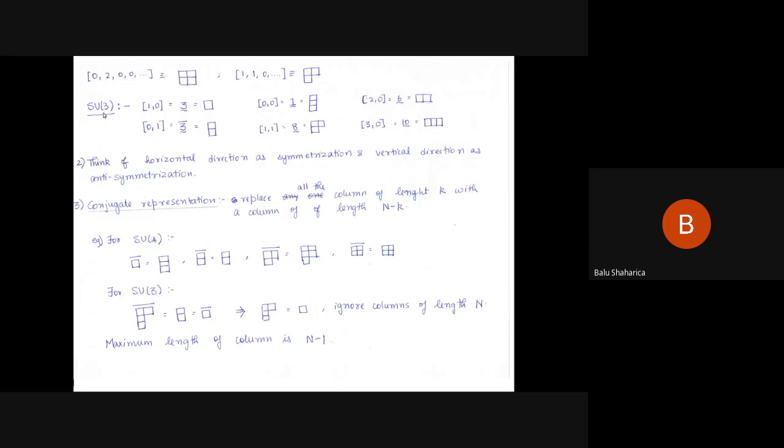Okay. So for SU(3), this is just an example of how to write the Young diagrams. This is the trivial representation, the 0, 0 part.